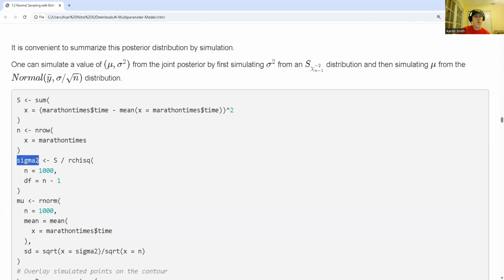Realize that this is a vector of length 1,000. And so each entry on this vector represents an estimate of the standard deviation, or a random value of the standard deviation from our distribution. So here we are randomly generating a standard deviation value.